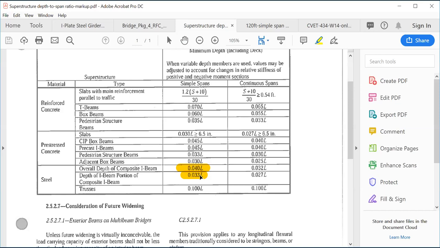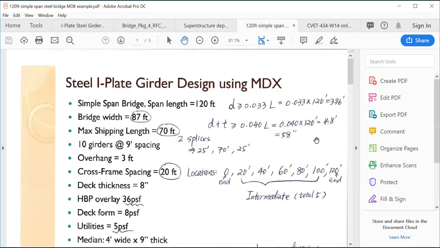And the depth of the I-beam portion of the composite I-beam, which is just the steel I-plate girder depth, must be no less than 0.033 times the span length. Based on these two requirements, we can calculate the minimum depth of the girder.